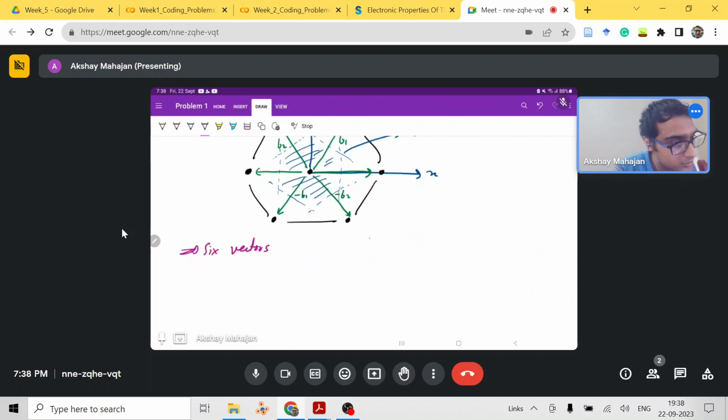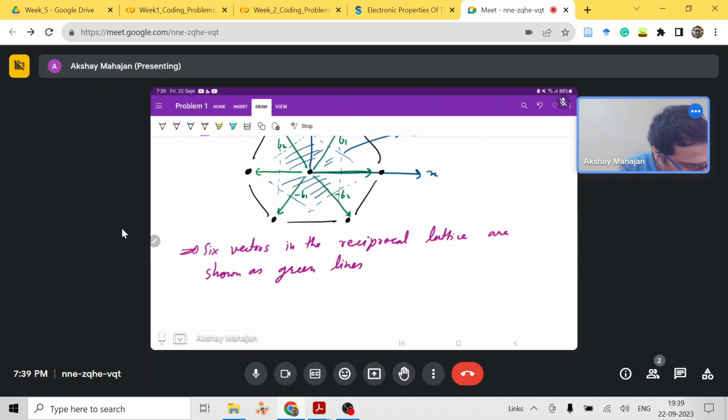Six vectors in the reciprocal lattice are shown as green lines.